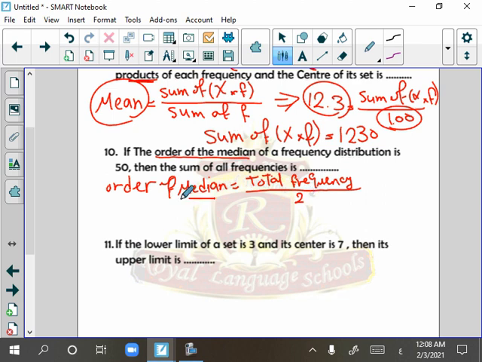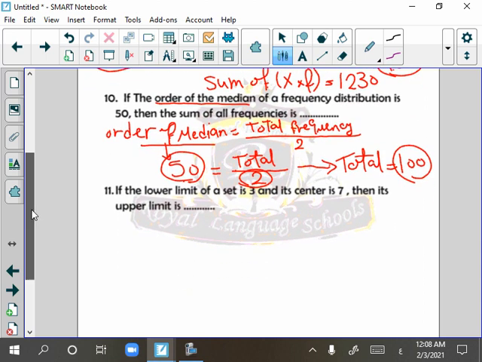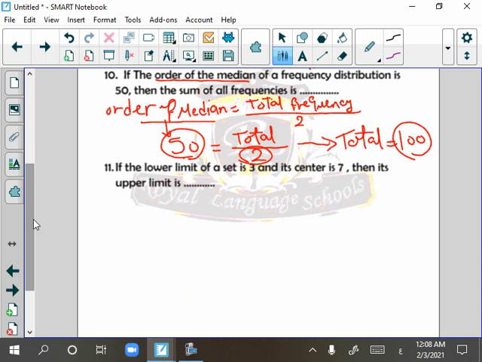Order of median equals 50, which equals total frequency divided by 2. Then by making a cross multiplication again, total frequency equals 50 times 2, which equals 100.